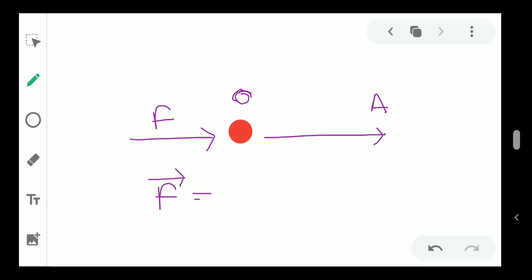So we have this ball, and the ball has to come from this O position to your A position. So the ball will come from O to A. So I have given a force F. Let's say I have given 5 Newton force. So the value is 5 Newton, and the direction is OA cap.